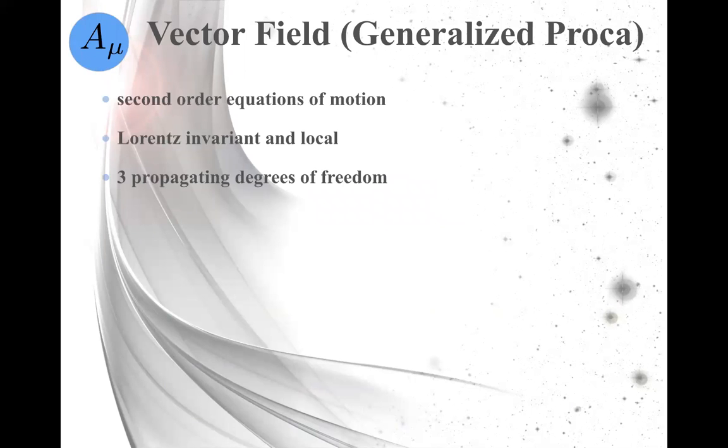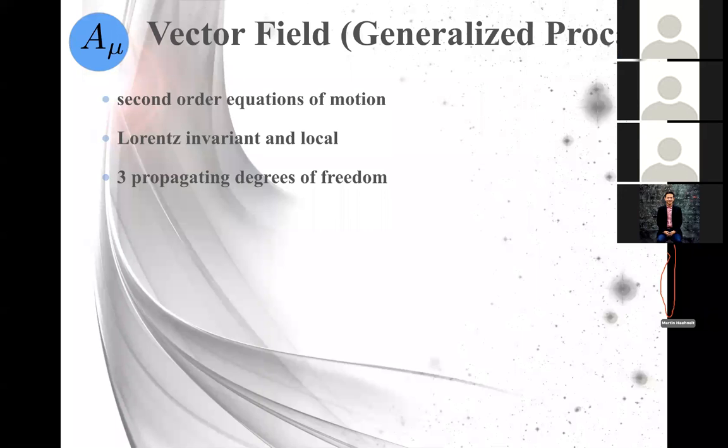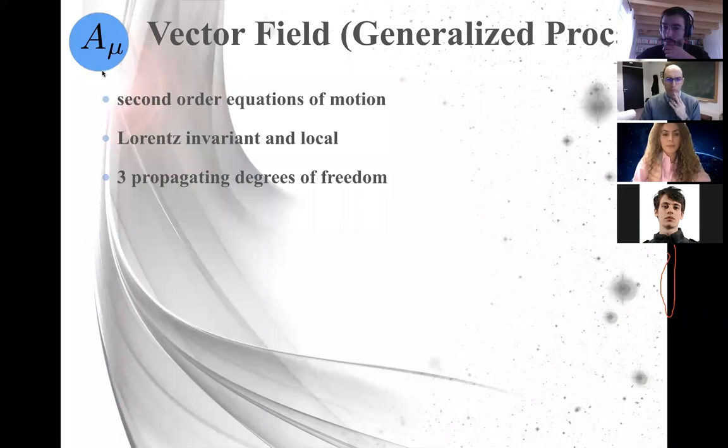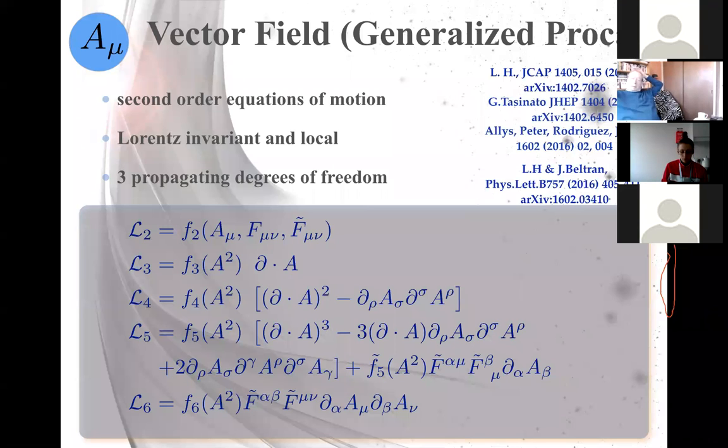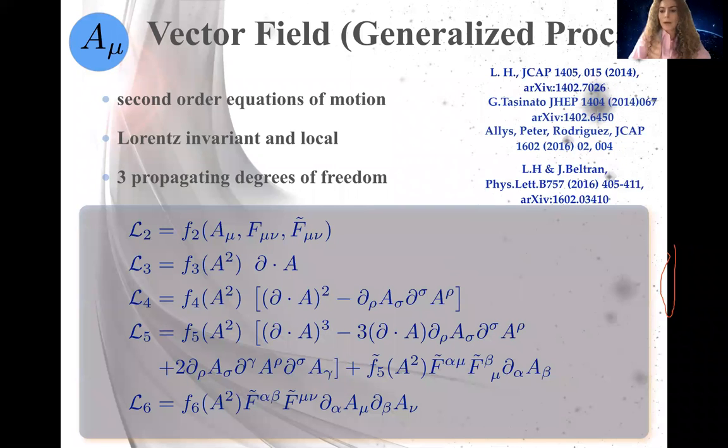You can also construct effective field theories for a vector field. These are the generalized Proca theories. You do basically the same thing as you did for the scalar field. So when you assume second-order equations of motion, Lorentz invariance and locality, and 3 propagating degrees of freedom, 3 because this vector field is massive, then in this way you can construct all the allowed vector interactions.